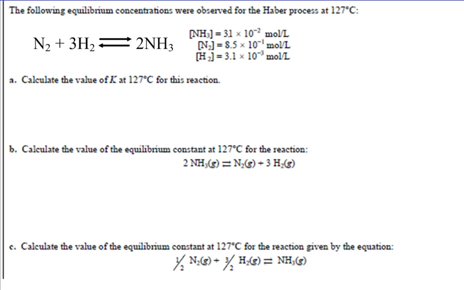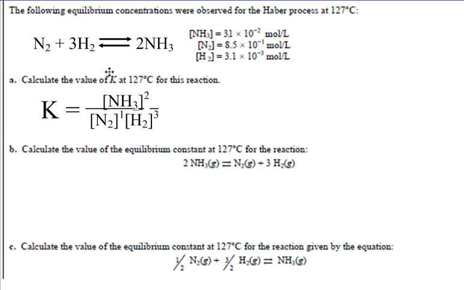All right, so calculate the value of K. We have to write our expression for this. These are all gases, and we have concentrations for them, so we can go ahead and do that. So I know that this is the equilibrium constant expression. I highly recommend that you always start an equilibrium problem by writing the expression.